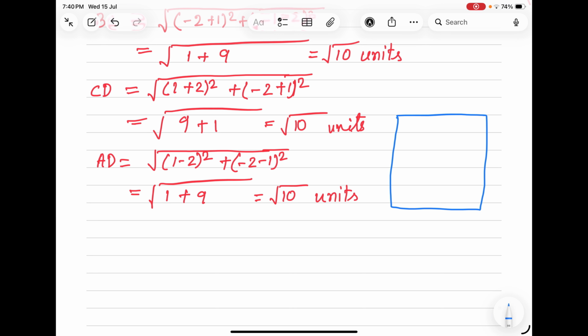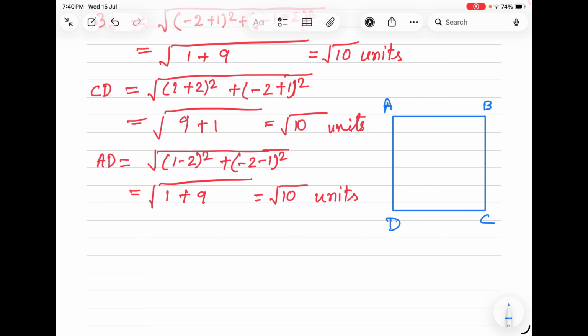For ABCD, all sides are square root of 10 units, so all sides are equal. But we have to check another thing, the diagonals of this figure.